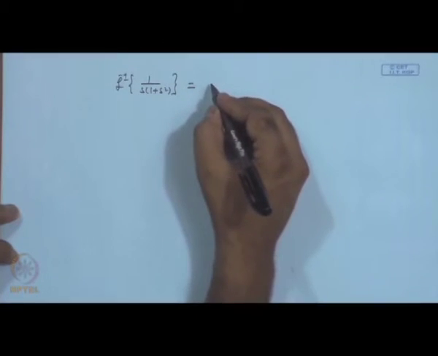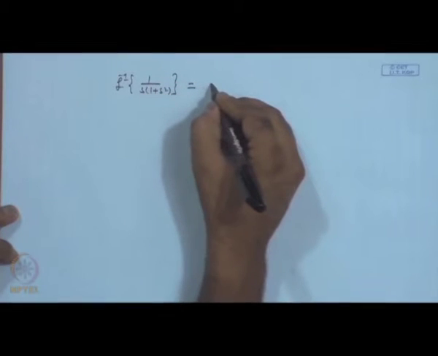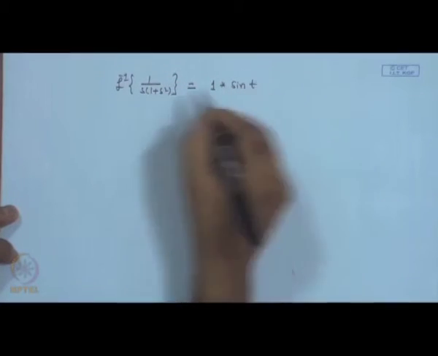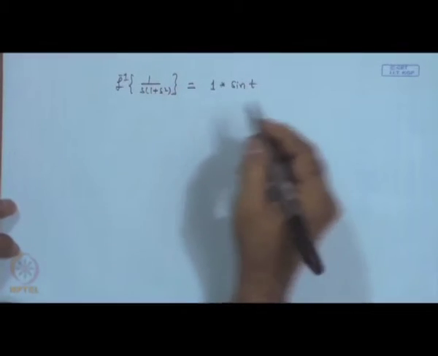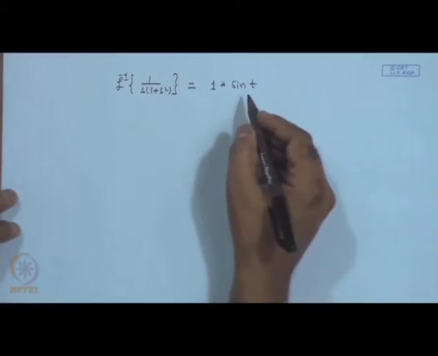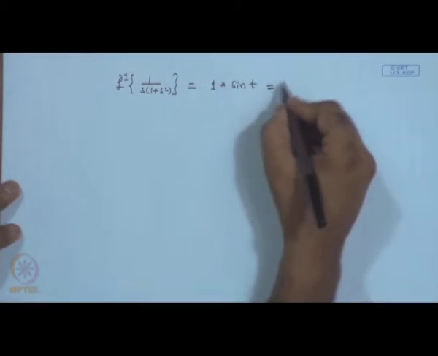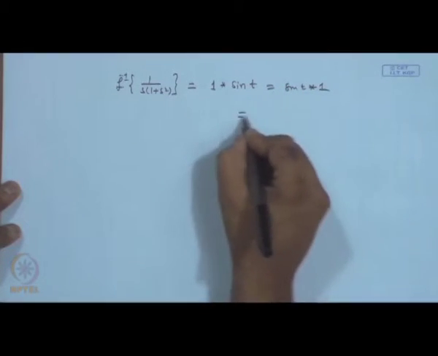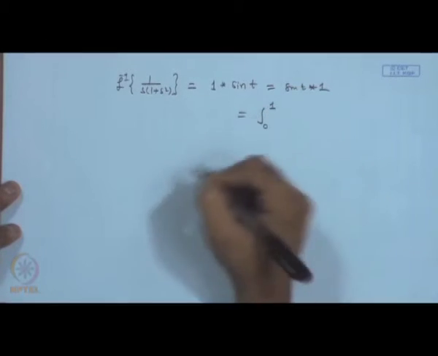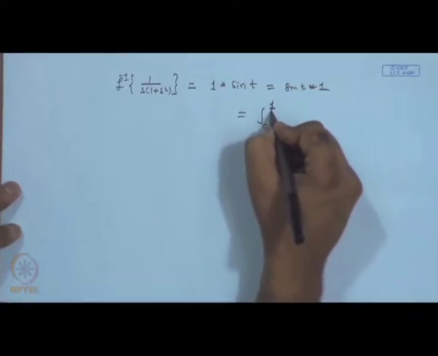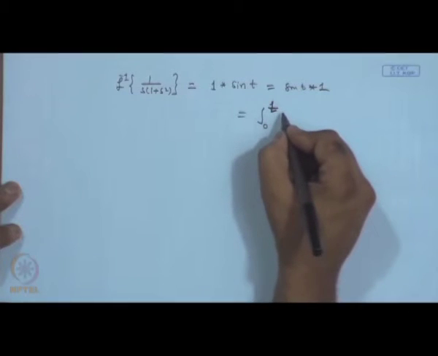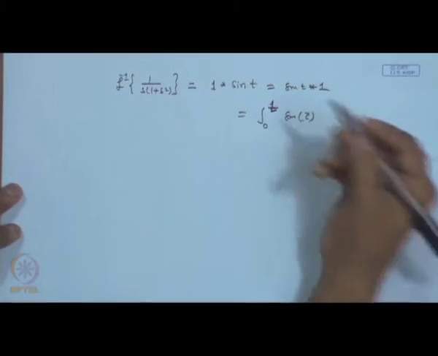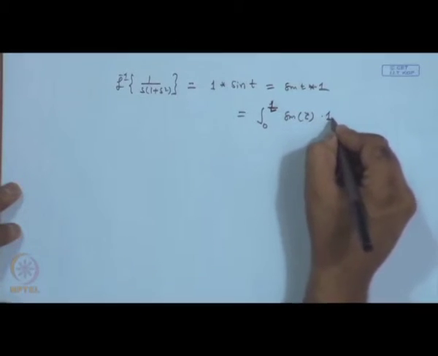So, this is the convolution of 1 over s, that is 1, with sin t, that is the Laplace inverse of 1 over 1 plus s square. By the symmetry property, we have the convolution integral from 0 to t, with sin tau and 1 at t minus tau, which is independent of t.